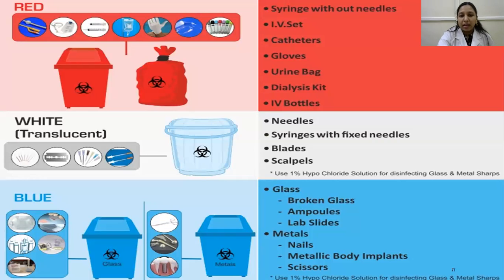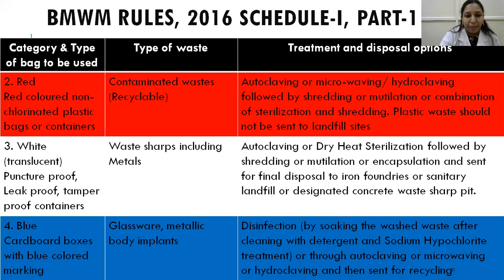And metals: the nails which are used in ortho, metallic body implants and scissors. In dental, usually they use all this. So all this can be thrown into this blue one. First, these also have to be disinfected by soaking in sodium hypochlorite solution for some period of time, and then they can be autoclaved or microwaved or hydroclaved, and then sent for recycling again.